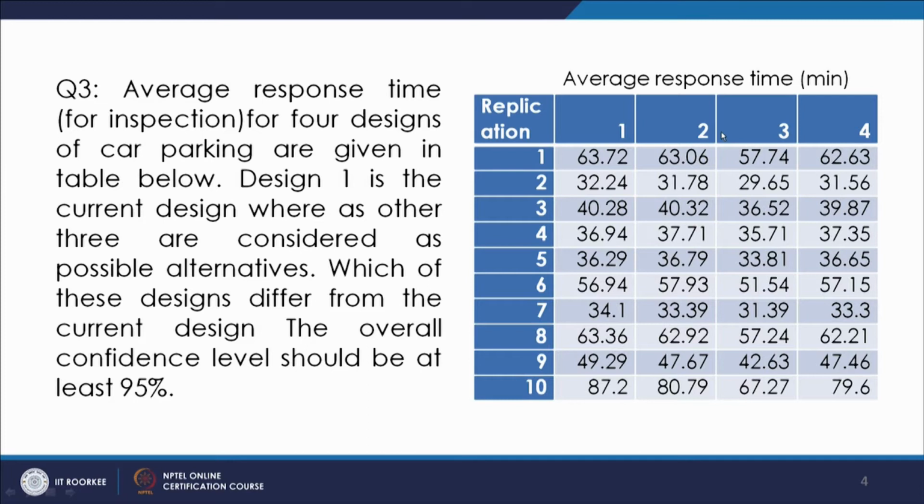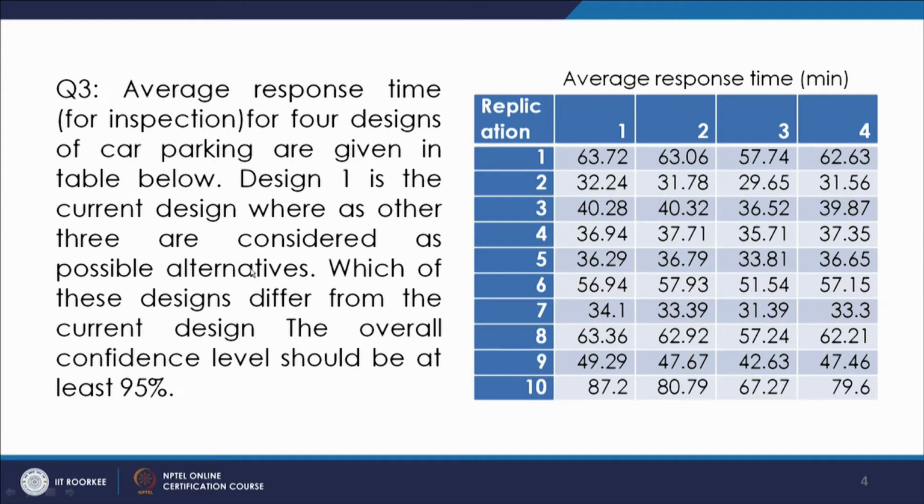The first system is taken as the standard one. It is written that the average response time for inspection of 4 designs of car parking is given in the table. Design 1 is the current design, whereas the other 3 are considered as possible alternatives.